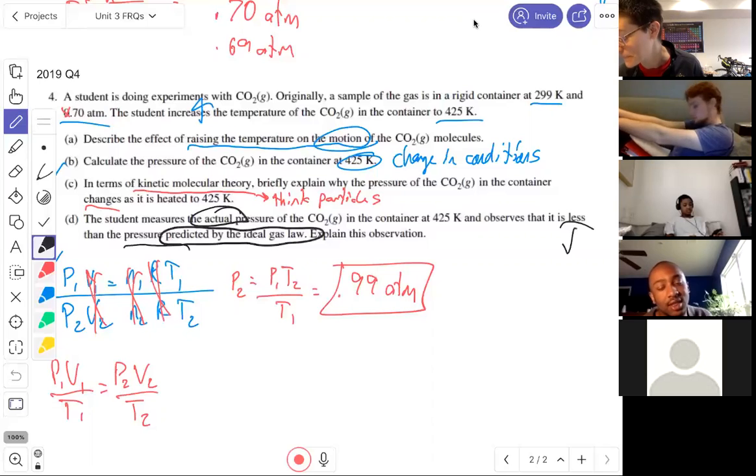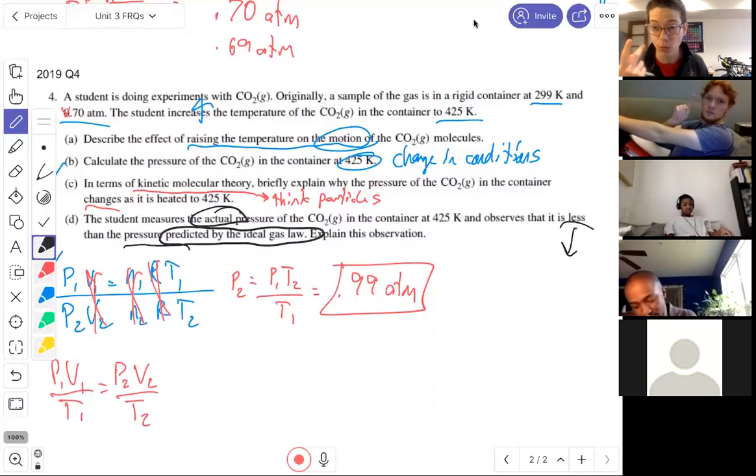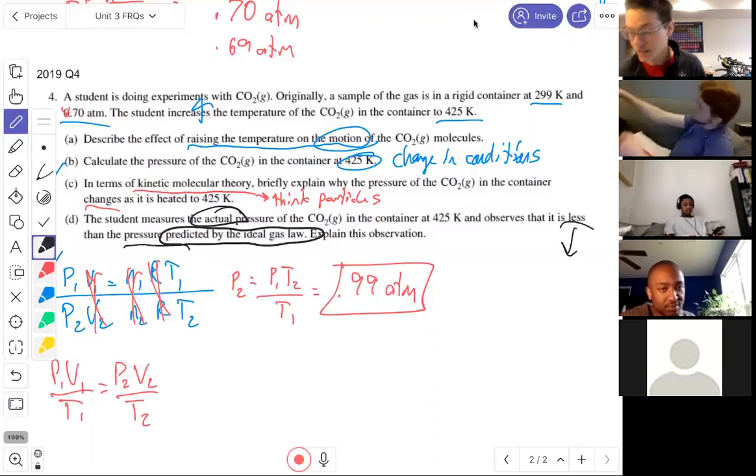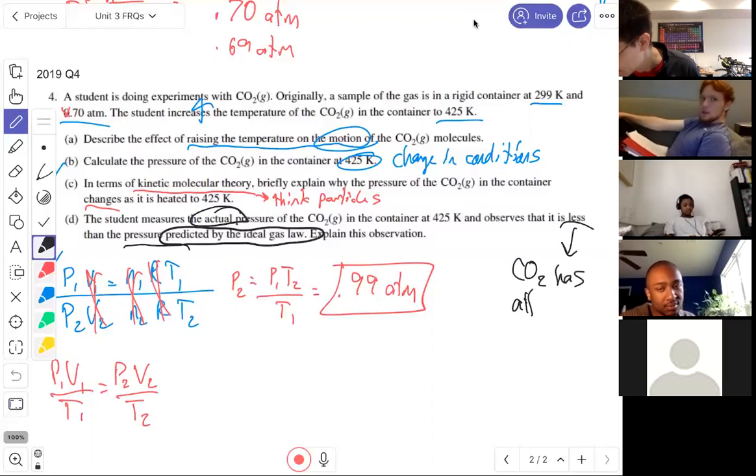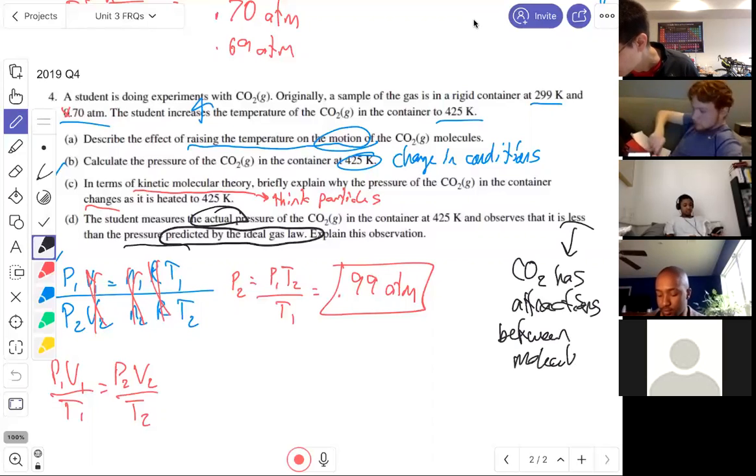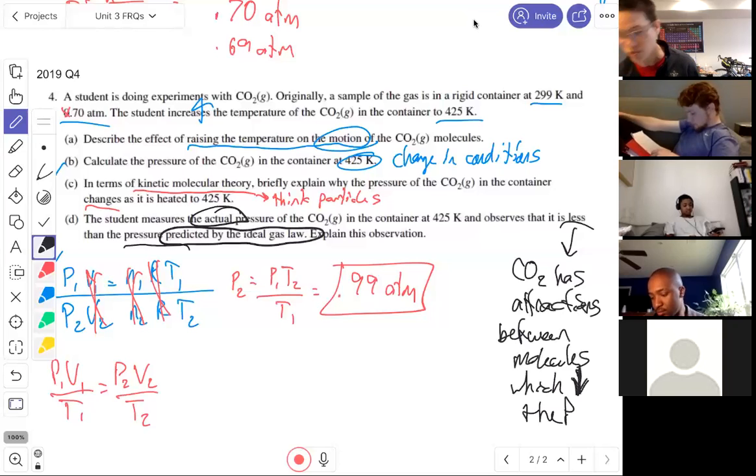There are two ways that real gases are not ideal. One was the volume, and what was the other one? Attraction of each other. Okay. So CO2 has attractions between the molecules, which decrease the pressure.